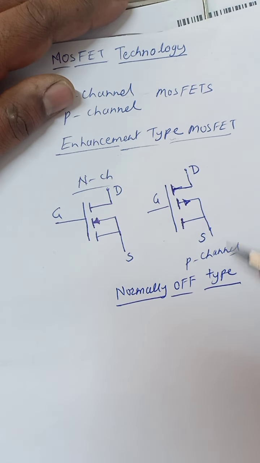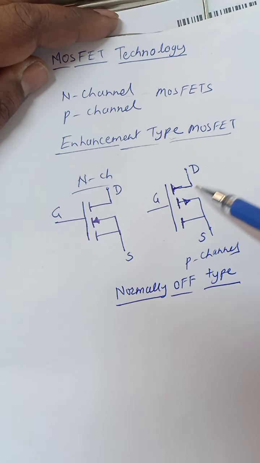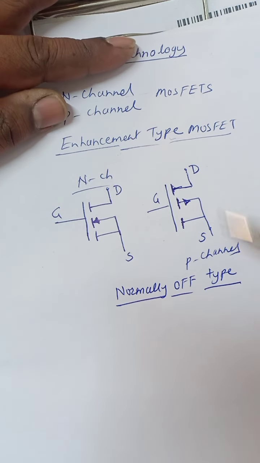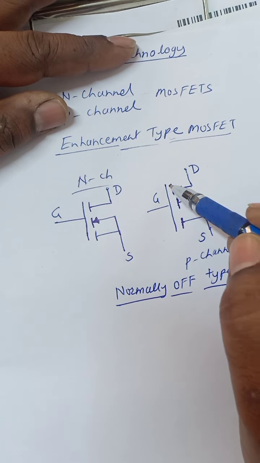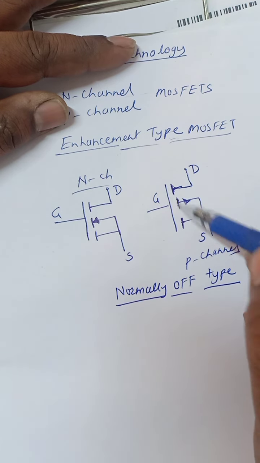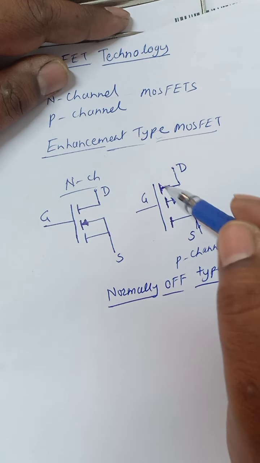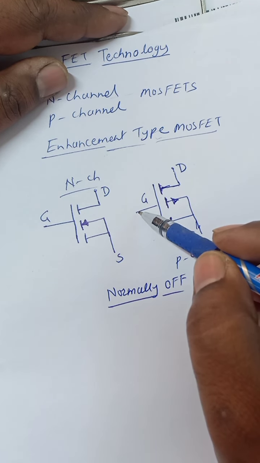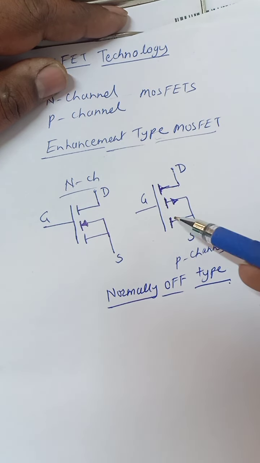Normally off type means initially the channel is not present and there is no current flow from drain to source. As we apply a gate voltage, a channel is developed between drain and source, and then current starts to flow through the MOSFET. So initially there is no channel, and when we apply a gate voltage, the channel is built and then current flows through the MOSFET.